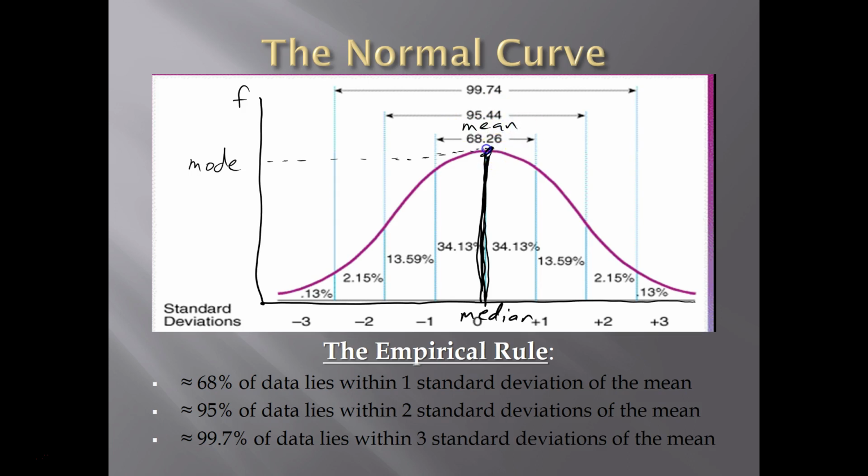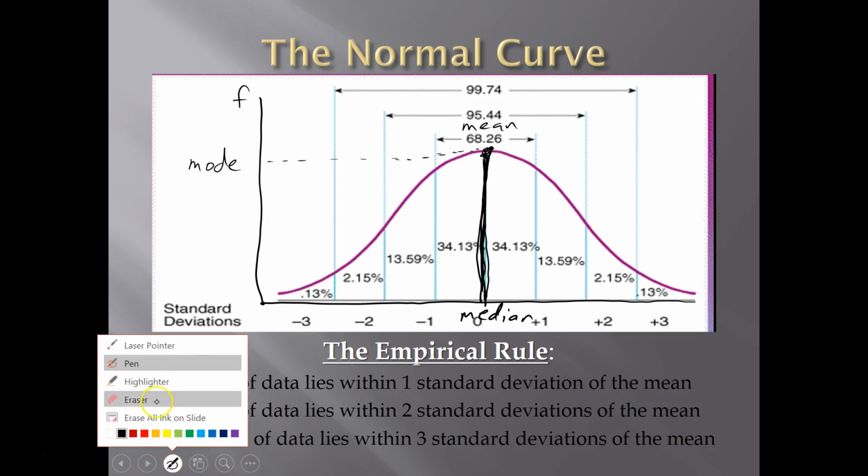So right here, I have the mean, the median, and the mode. A normal distribution must have that. The mean, median, and mode are all located in the same spot. They're all the same value. That's something important to know. So we do have some normally distributed data.